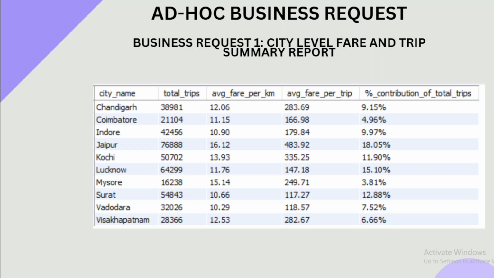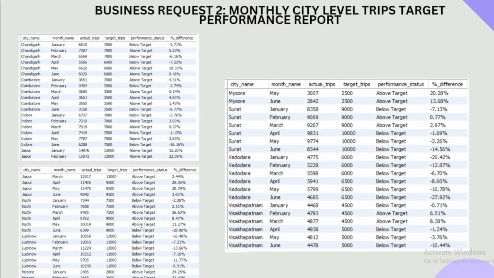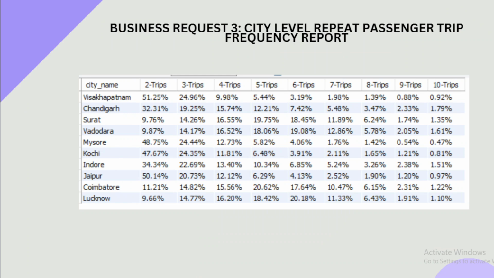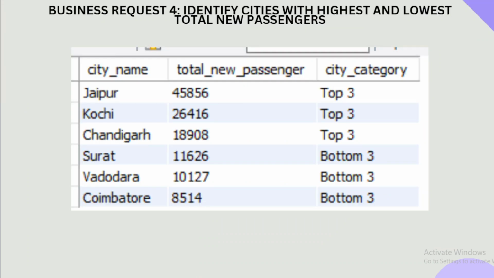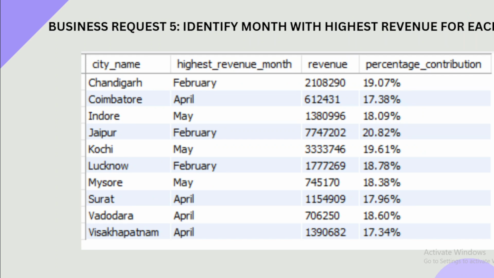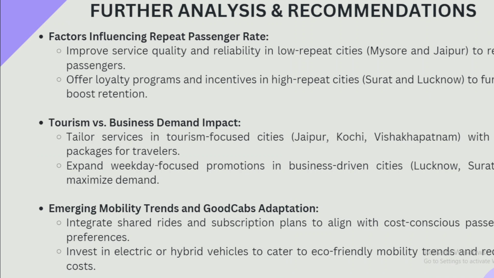So the first is the city level fare and trip summary report. For that, I have run a SQL query and provided the data. These are all the ad hoc reports that I prepared in SQL, and the target output is displayed here. Let's talk about the further analysis.